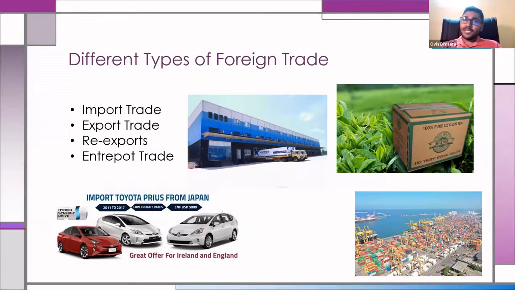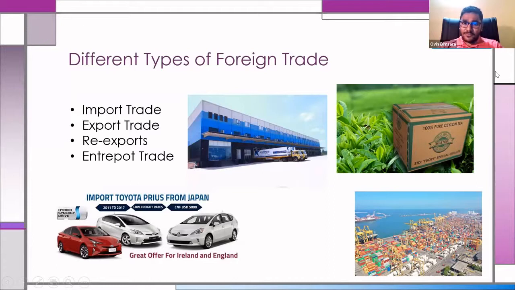Are we clear on re-exports and entry port? I believe the import and export are pretty simple, but the other two can be a little bit confusing. But I believe I made the explanation really well with the examples.